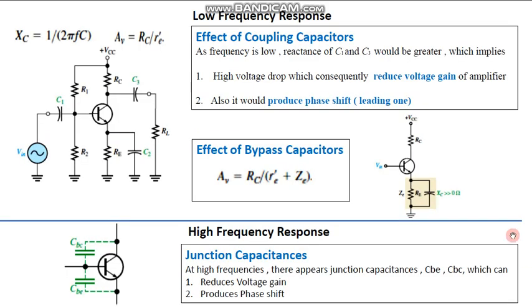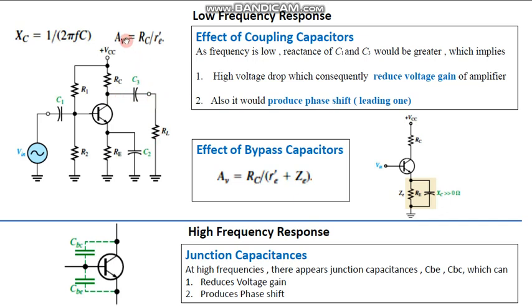So basically we categorize frequency response into low frequency response and high frequency response. This is the amplifier. For instance, we have a typical common emitter amplifier where your emitter is grounded, and your input is applied at the base, and you can take out the signal from the collector through this RL.